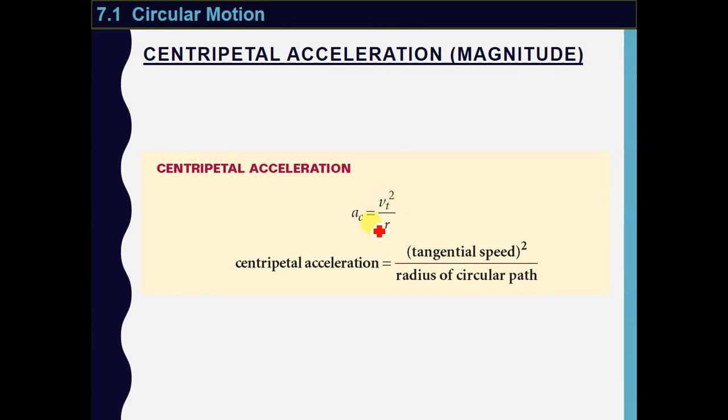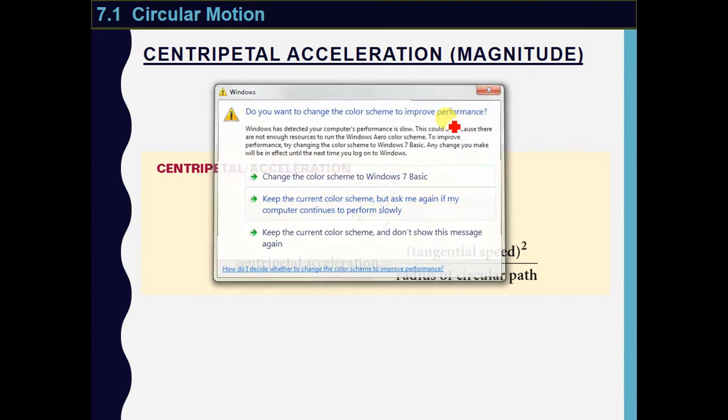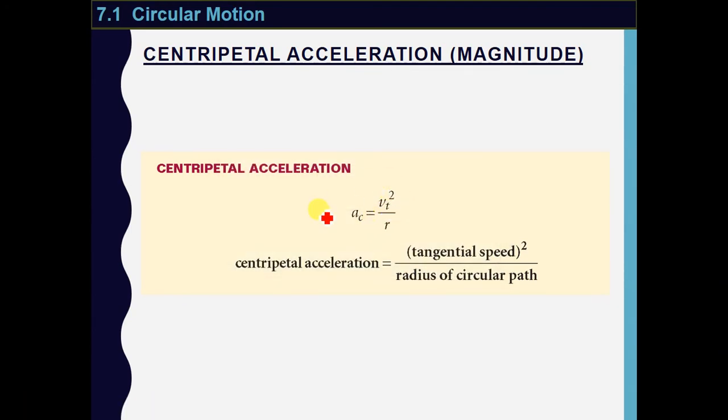So when you increase the speed, the acceleration also will increase. If the speed is multiplied by 2, will the acceleration be multiplied by 2? No, it will be multiplied by 4, because here the tangential speed is squared. So if v is multiplied by 2, squared is 4, right?